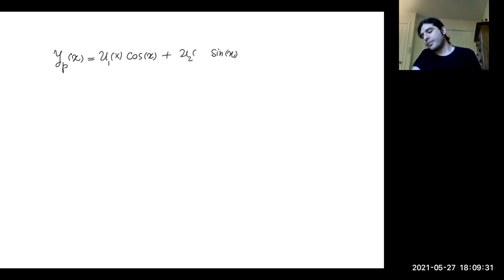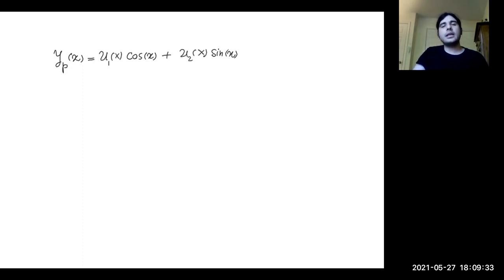So the variation principle says, suppose the particular solution can be written as this. Take your general solution to the homogeneous part, which are cosine and sine. Suppose we multiply these functions with two other functions, let's call them u1 of x and u2 of x.